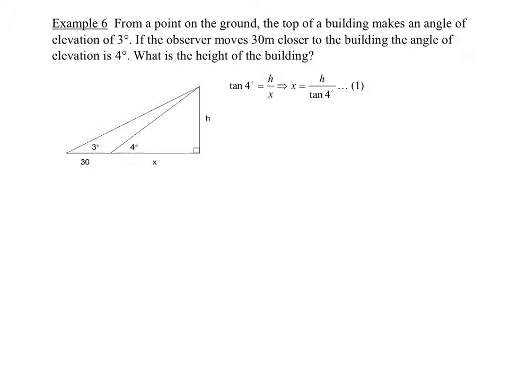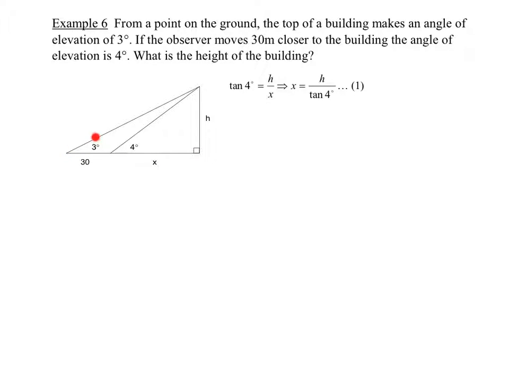If we look now at the bigger triangle, this triangle here, we've got the 3 degrees as our angle. The h is still the opposite, it's opposite the 3 degrees. And this side here, the 30 plus x, is our adjacent.